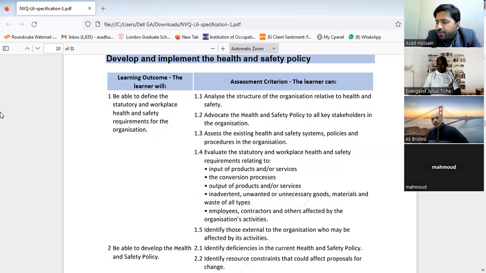So in this regard, you can produce the health and safety policy or a roles and responsibilities document.